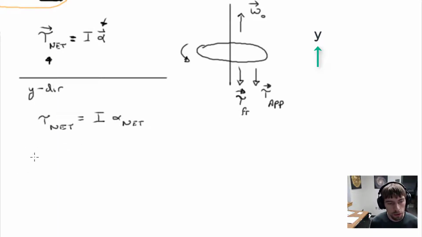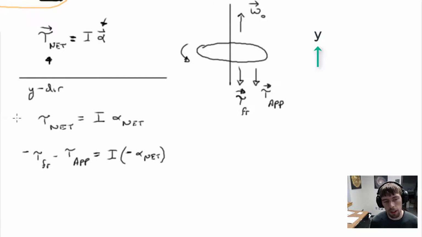Well, we have two torques, and I'll go ahead and put those in. I'll say we have the torque due to the frictional force minus the torque due to the applied force. And that whole thing must equal the moment of inertia times negative alpha net here again.